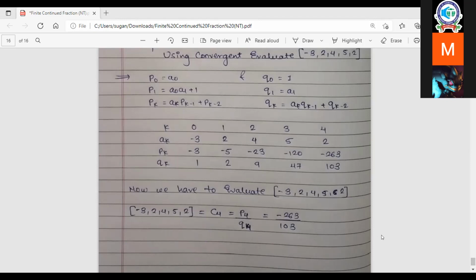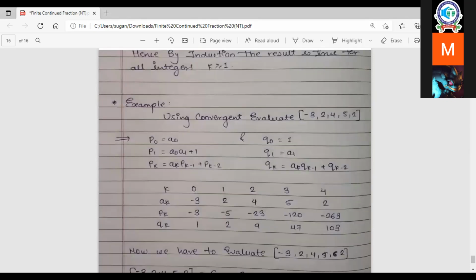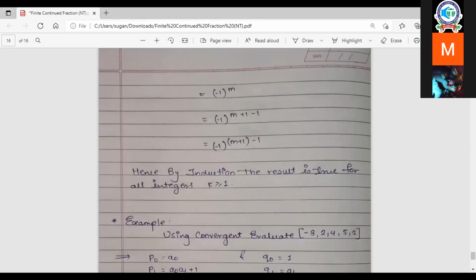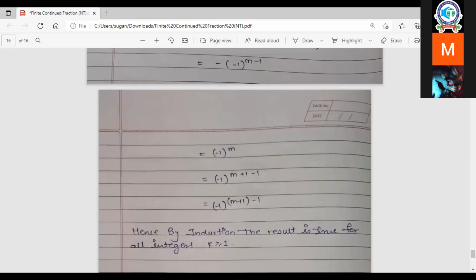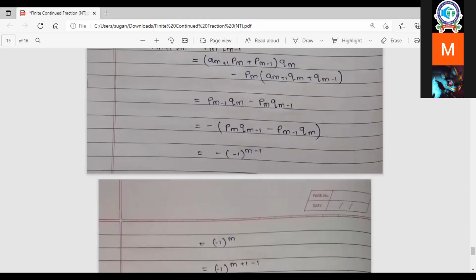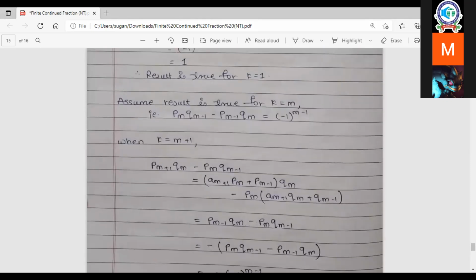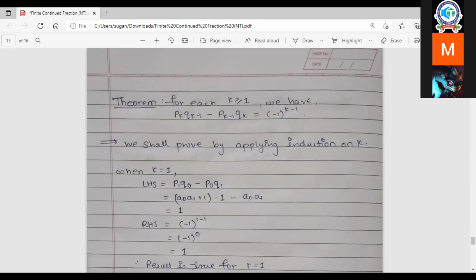So have you done this theorem today? Can you go up? What does this result say?